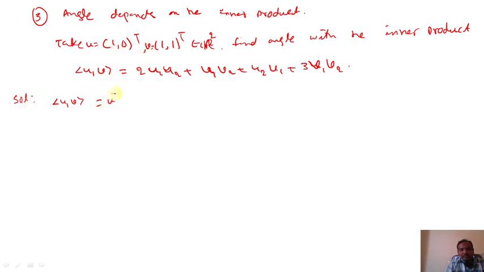This is u transpose v, with u equal to (1, 0) and v equal to (1, 1). Now you have to use this inner product. You have not used the general inner product. You have to use this inner product.